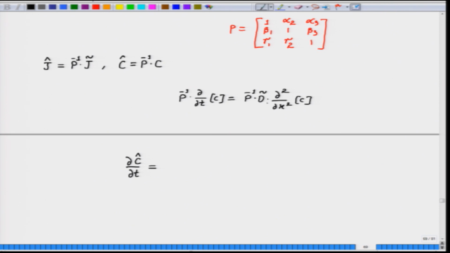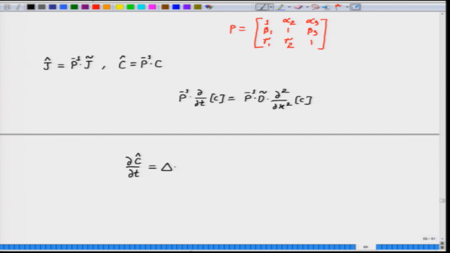So, we insert P times P inverse between D tilde and the ∂²/∂x² term. The first term will be P inverse D tilde times P, which we know is delta, and the term P times P inverse was here.